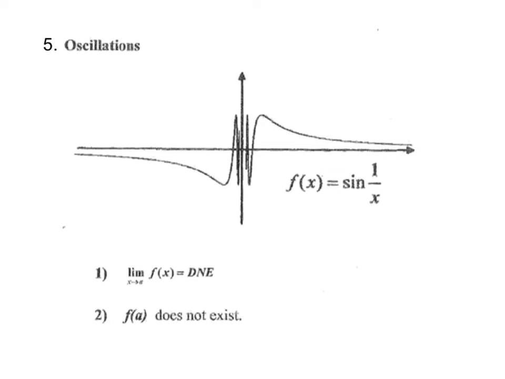This other type of discontinuity, and we've gone over these and over these, so I hope some of them are becoming more familiar, is an oscillation. This is sine of 1 over x. The point f of a does not exist.